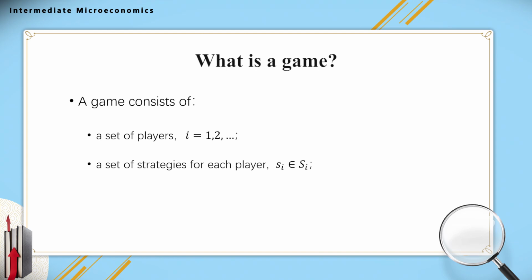A strategy may only contain a simple action, such as whether you are speeding while driving, or it may be a contingent action plan, such as speeding only within 10 minutes after passing the speed testing zone. We usually use capital S_i to represent the strategy set of player i, and small s_i to represent a specific strategy. Small s_i belongs to capital S_i.